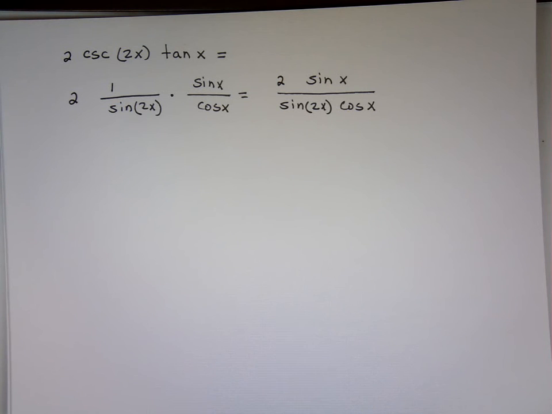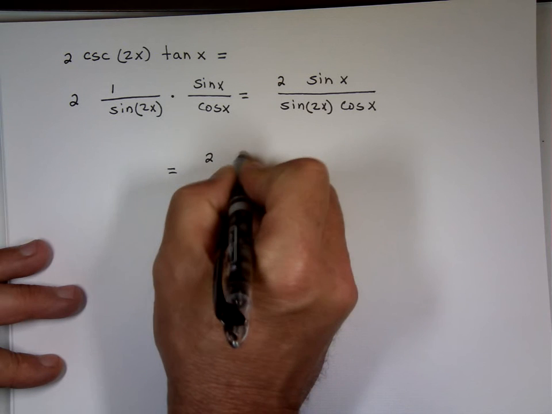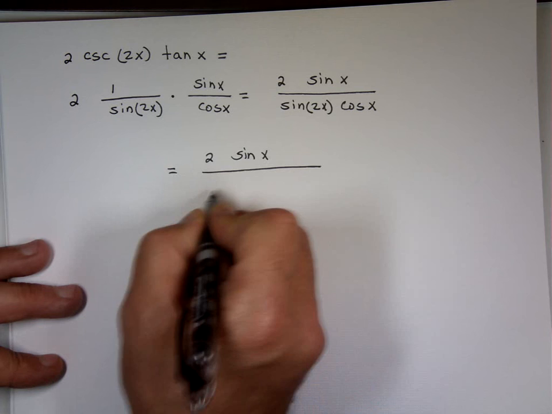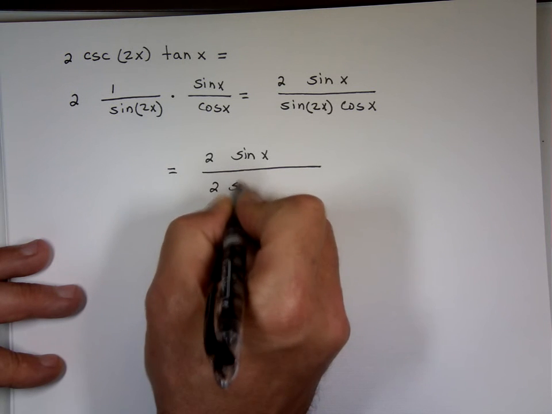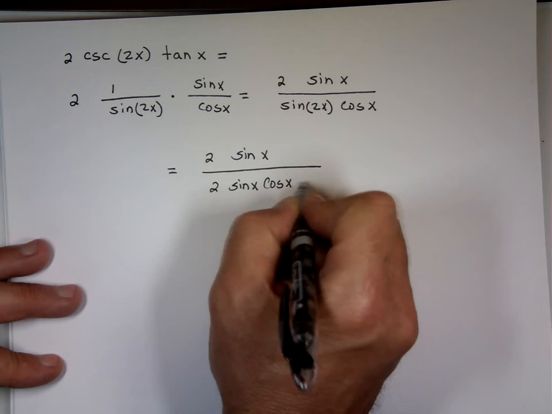Turn sine 2x. There's only one choice for that, right? So sine 2x can be replaced with 2 times sine of x cosine of x. Take that, multiply it by cosine of x.